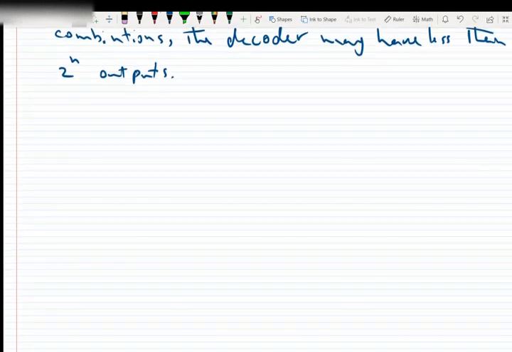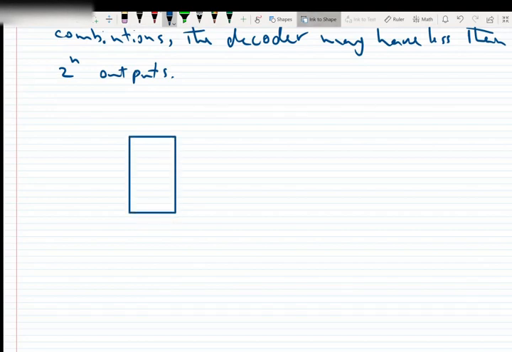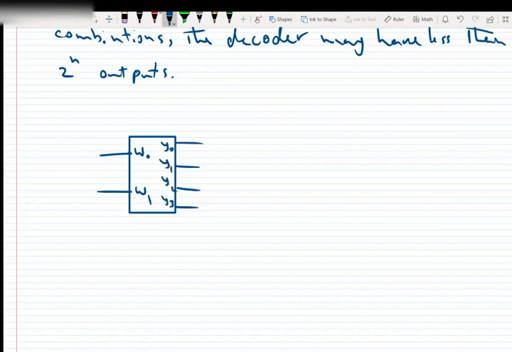Let's see how we show a decoder. We show it with a rectangle, and it has n inputs. Let's call them W0, W1, and 2 to the power of n outputs. Here it has 4, so Y0, Y1, Y2, Y3, and that's it.